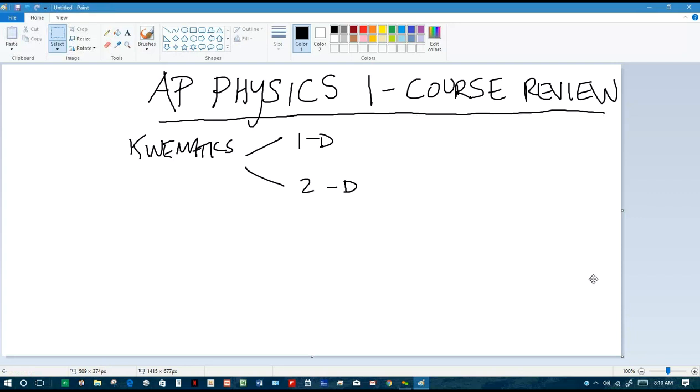So once you decide that you're going to track something's position in one dimension, you would recognize that there are two kinds of motion that you might actually observe while watching an object move in one dimension. You will either see constant velocity motion, or you'll see accelerated motion.